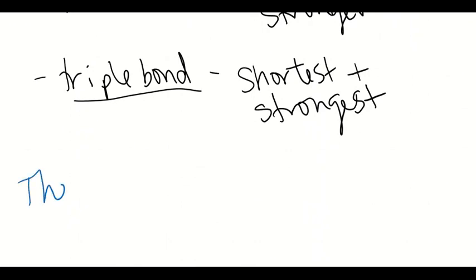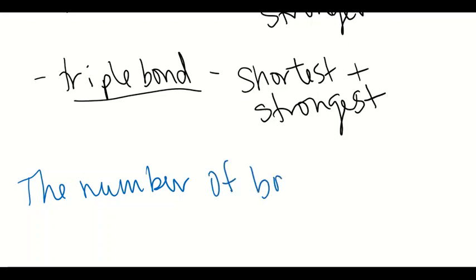And the number of bonds is called the bond order.